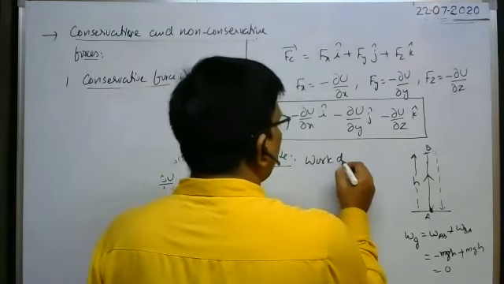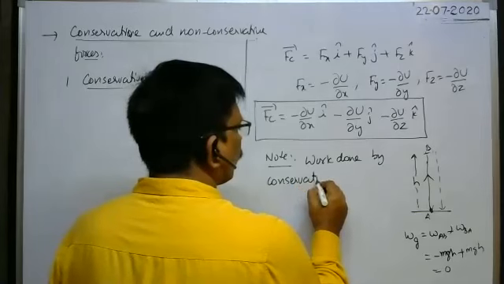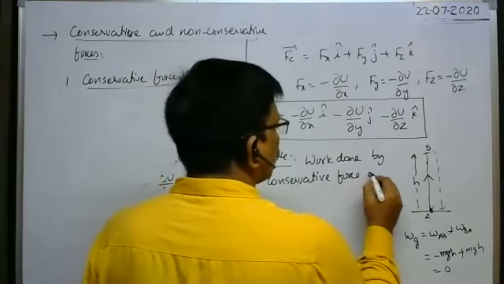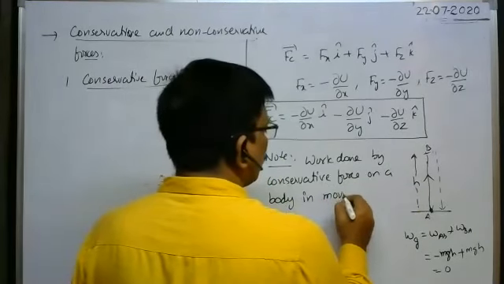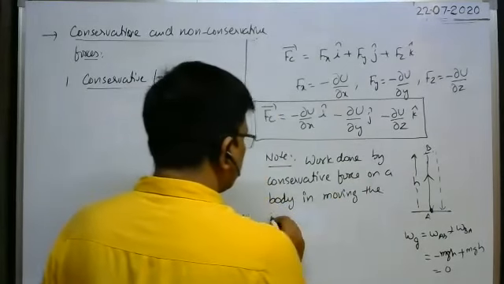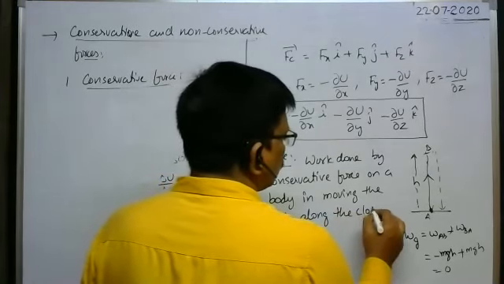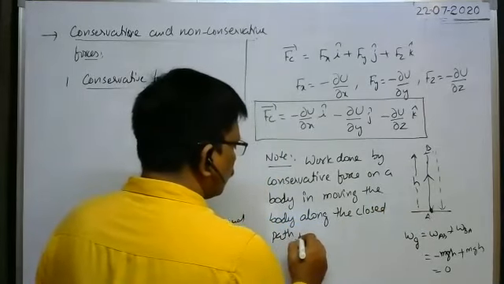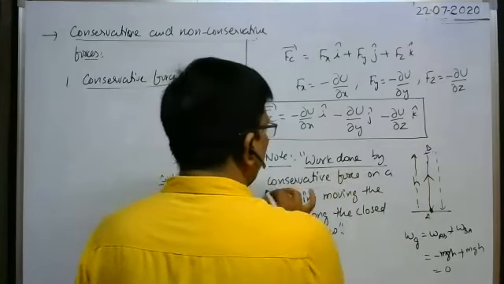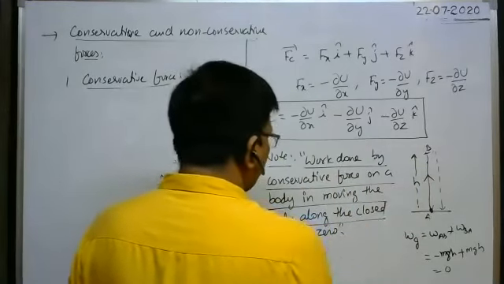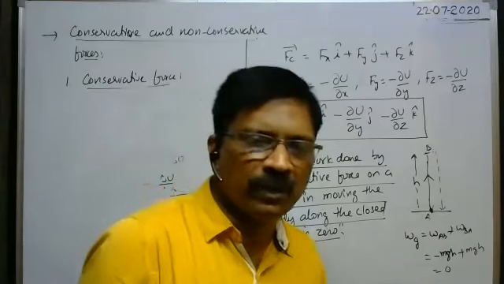Therefore, work done by a conservative force on a body in moving the body along a closed path is equal to zero. So this is a very, very important point.